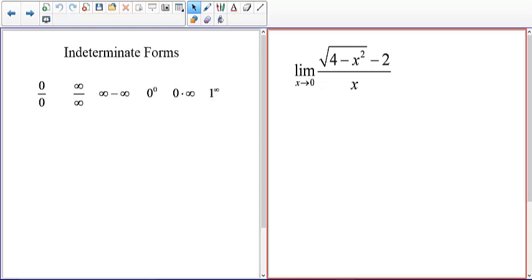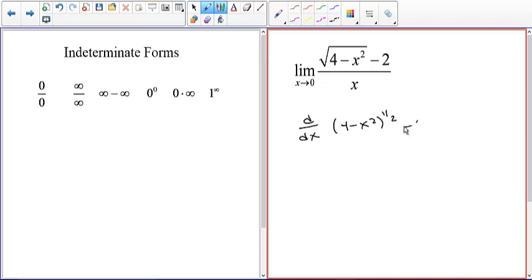So we'd multiply by the square root of 4 minus x squared plus 2x divided by the square root of 4 minus x squared plus 2x. But if we use L'Hopital's rule, what we do is we take the derivative of the numerator and the denominator and then evaluate it. So the derivative with respect to x of the numerator, which is 4 minus x squared to the 1/2 power minus 2.